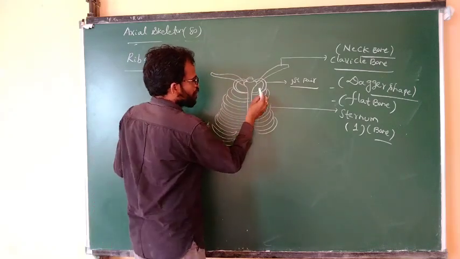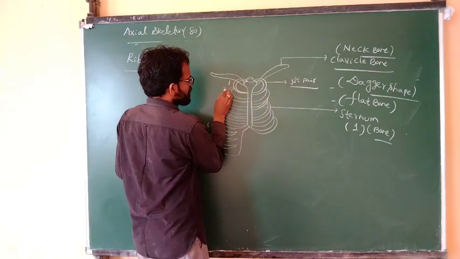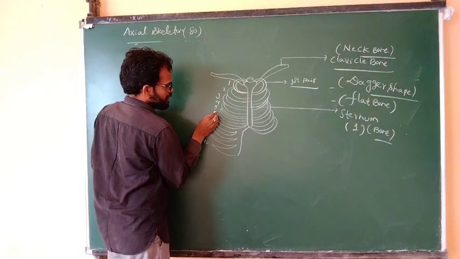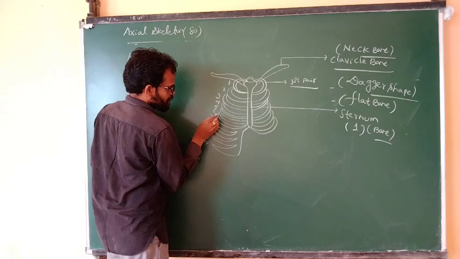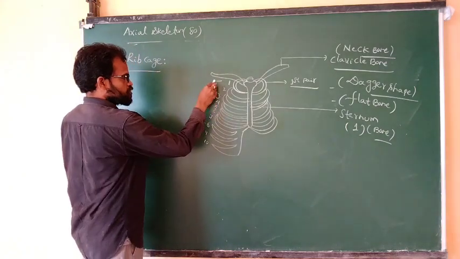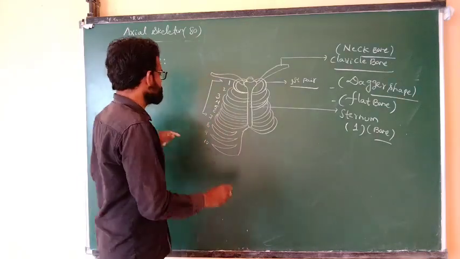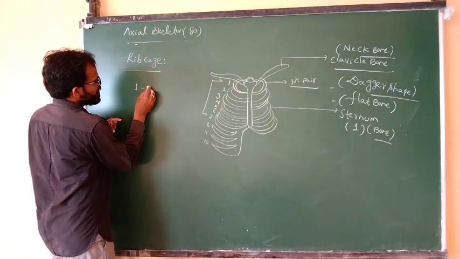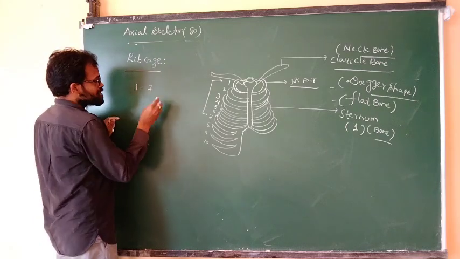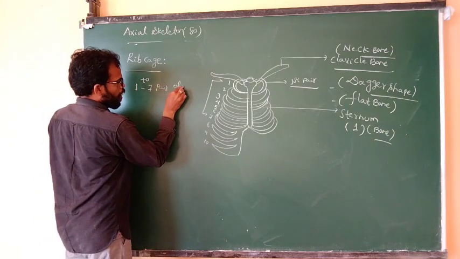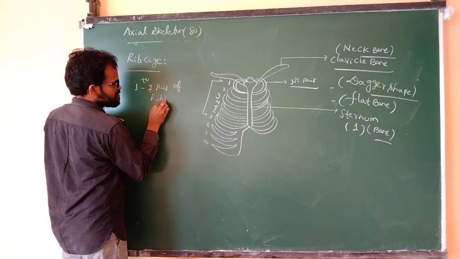And also, first pair, second, third, fourth, fifth, sixth, seventh. This is the first to seventh pairs.